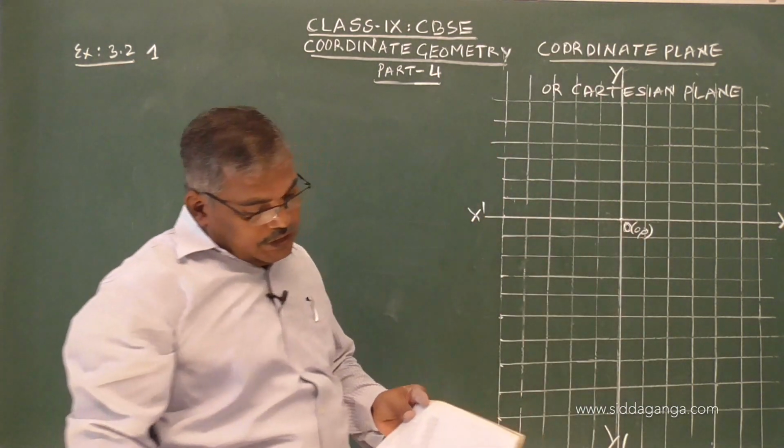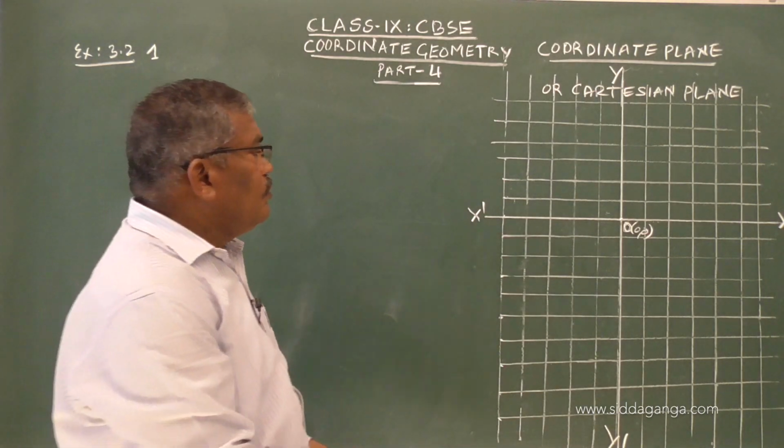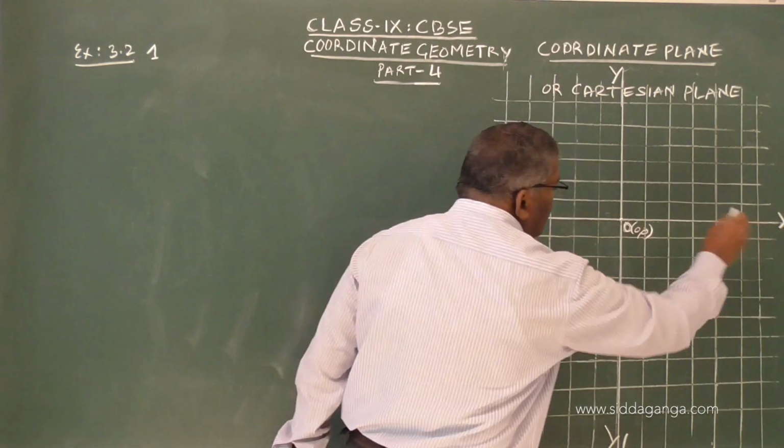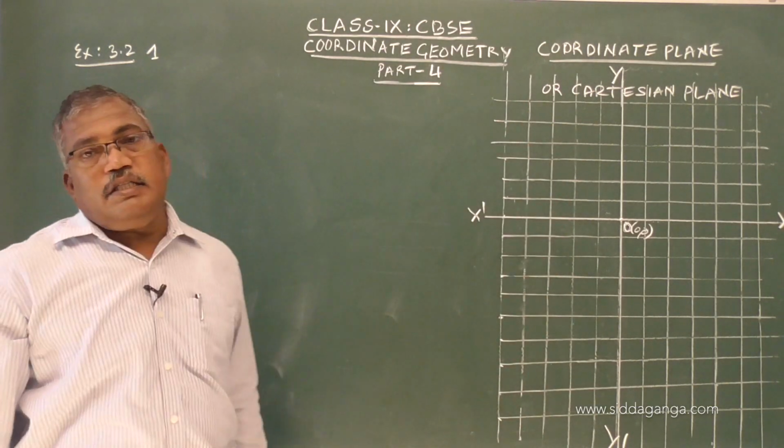The first question is, what is the name of the horizontal and vertical lines? You know that the horizontal lines and vertical lines, these are axes.